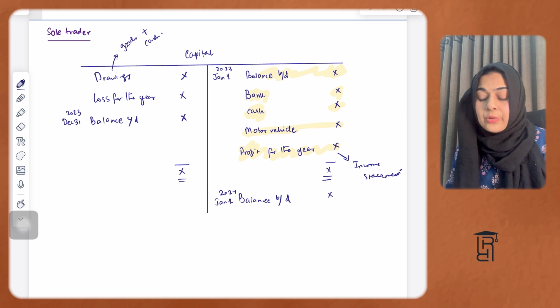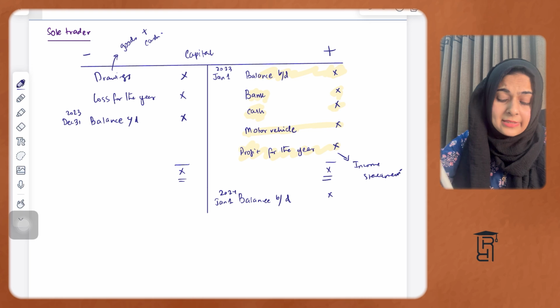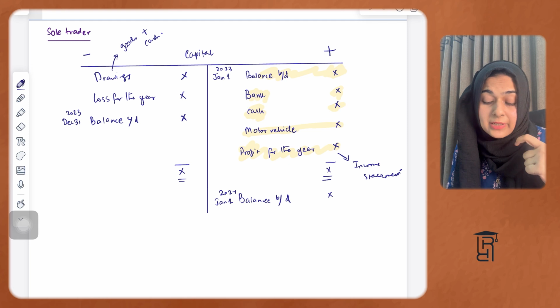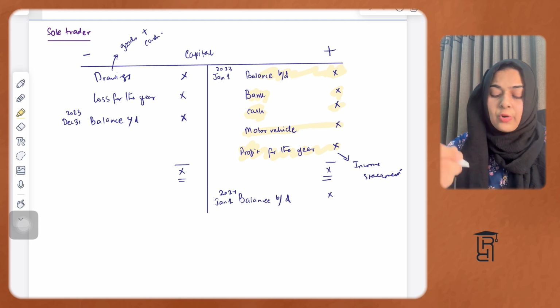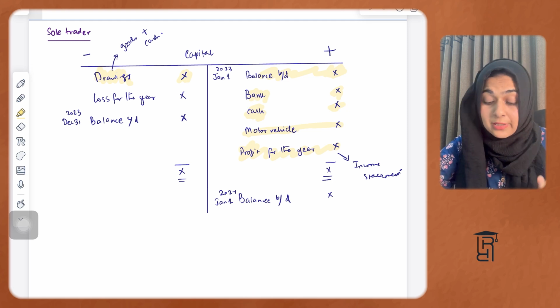The capital account increases on the credit side and decreases on the debit side. Then drawings, both goods plus cash drawings, need to be written on the debit side of the capital account, because drawings reduce capital.